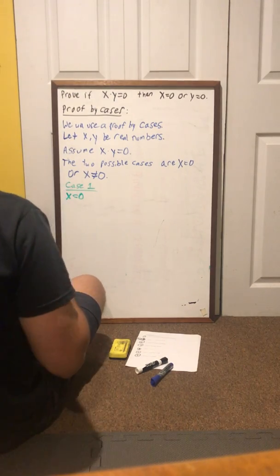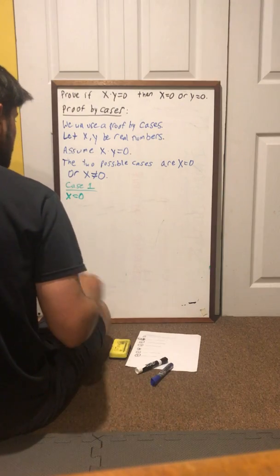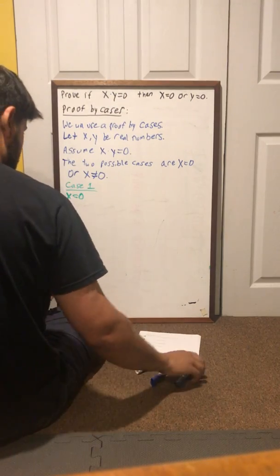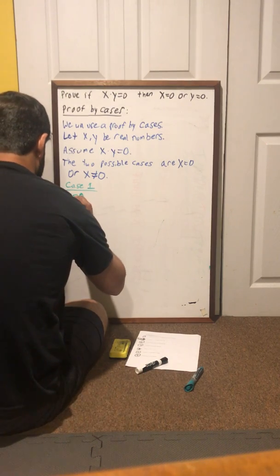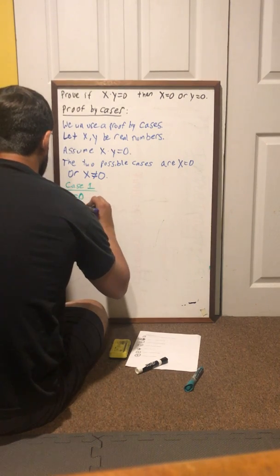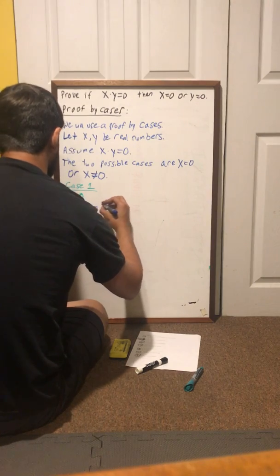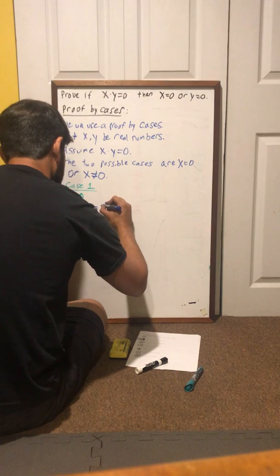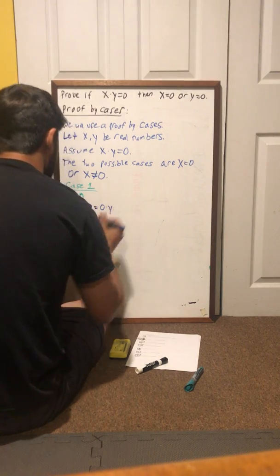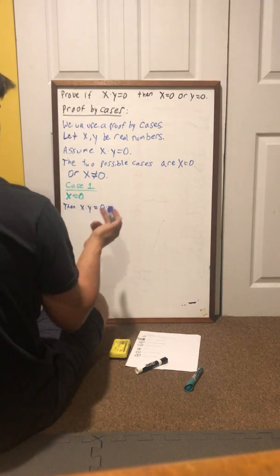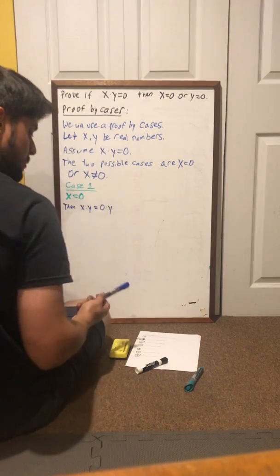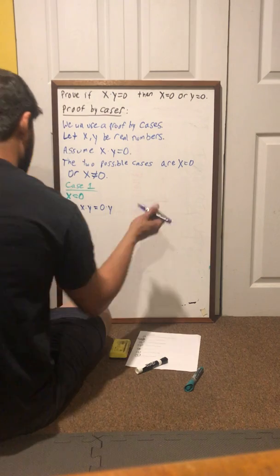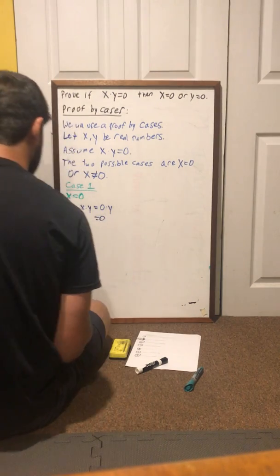Similar to the last problem we just did, we're going to bring this conditional statement down. We're going to say then x times y equals, using substitution for the x, 0 times y. And we know from the last problem that x times 0 equals 0, then y times 0 will also equal 0.